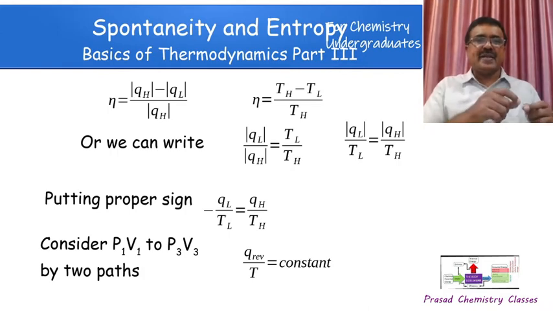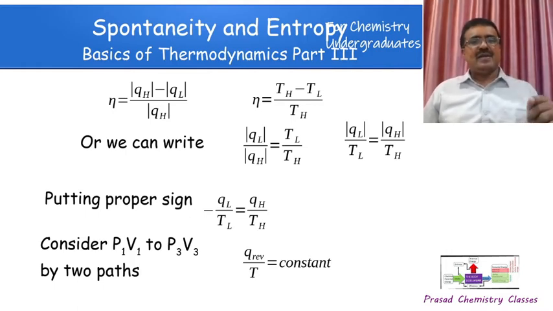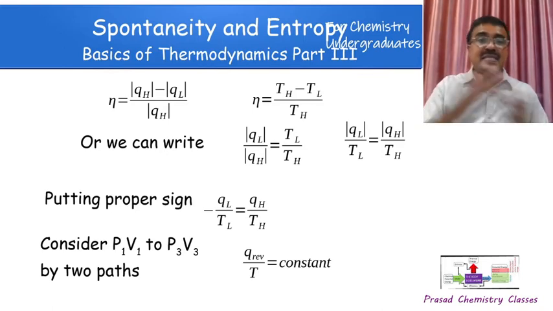If we are considering the going of the system from the P1 V1 state to the P3 V3 state through the two paths, both the paths are reversible, right? Then we can see that the Q reversible by T is the same for both paths. We have proven this already by Carnot's cycle.